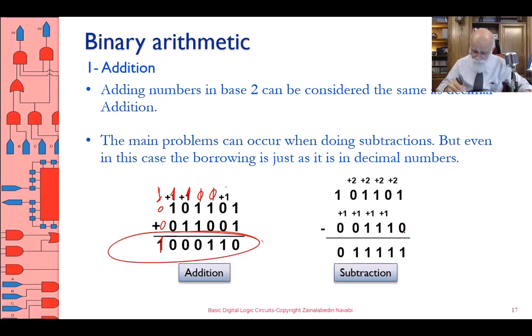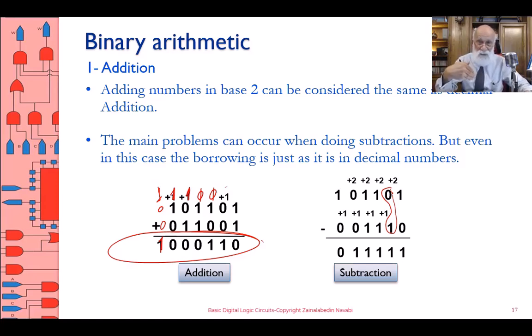I'm doing this first. I'm subtracting 0 from 1, and I can do that, no problem, and the result is 1. I go on to the next position, and here I'm trying to subtract a 1 from a 0. Obviously, that is not doable. So what do I do? I borrow from the next position.